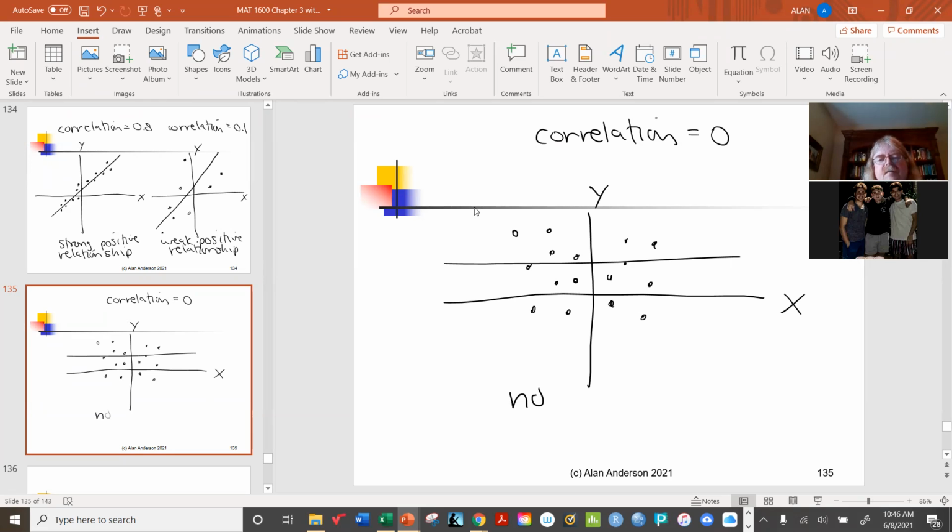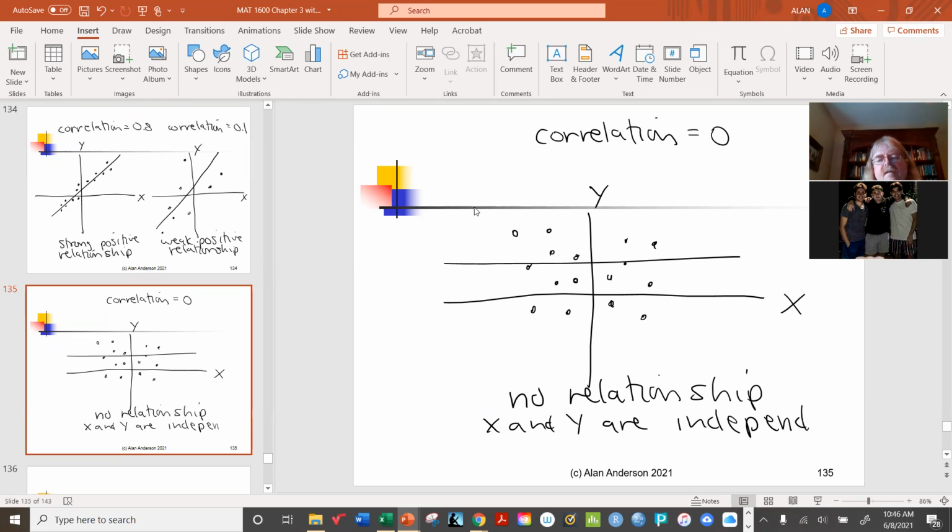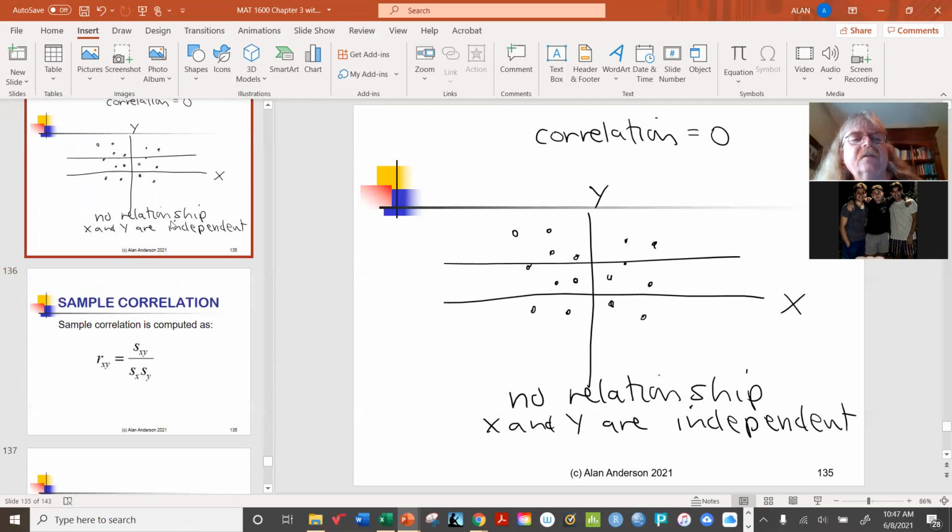No relationship. Or we could say that X and Y are independent. Okay, so you can see that the correlation can give us a lot of useful information about both the strength and the direction of these relationships.